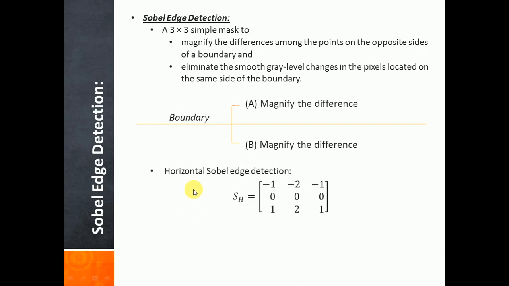So Sobel edge detection comes in both horizontal and vertical. This is an example of horizontal. So this would be your boundary. You can see there is an entire row which is zeros, and the pixels lying opposite to this boundary, the difference is magnified, and that's why you have this 3x3 mask that looks like this.